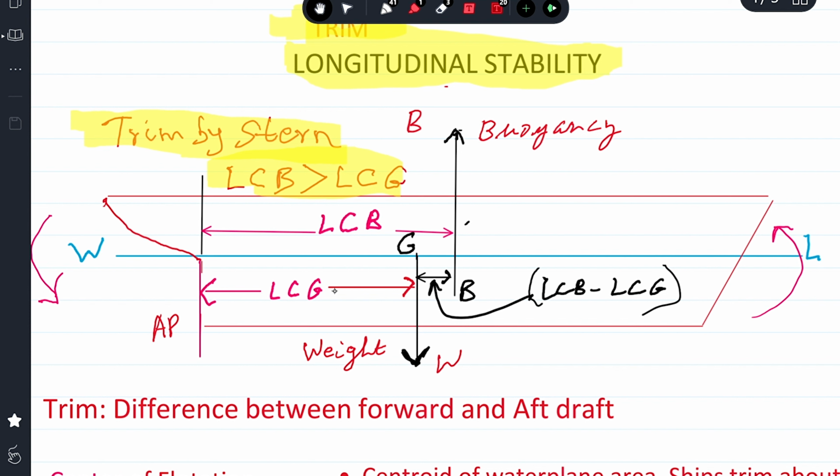The force of buoyancy is acting upward, and the shifted weight from gravity is acting downward. Both are forming a couple, and it can easily be visualized that this will rotate the ship by stern. Trim will be by stern. So with this kind of couple where LCB is greater than LCG, the ship will rotate and trim by stern.